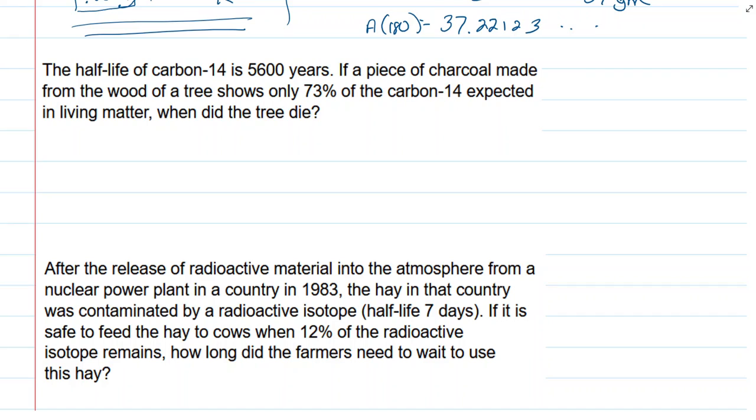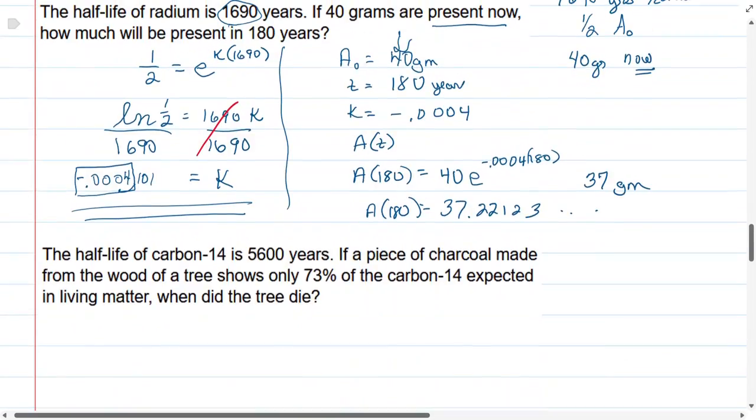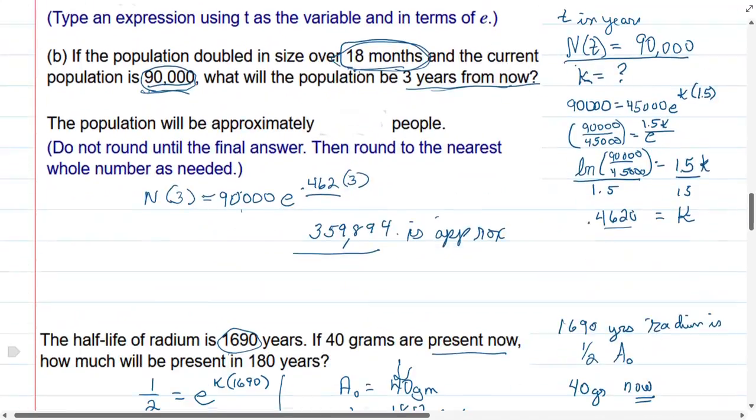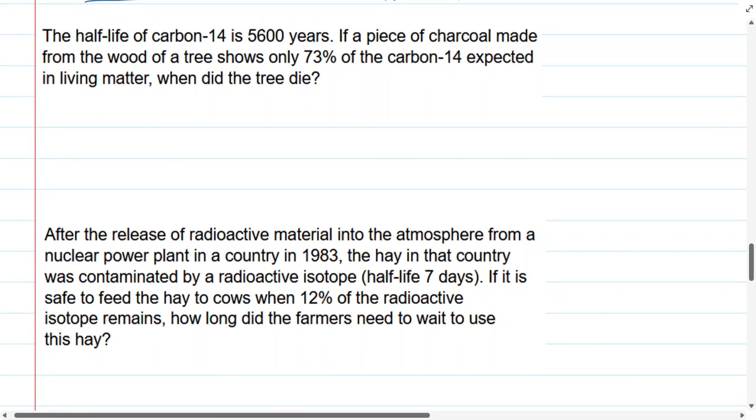When did the tree die? A long time ago. And I don't think I put that carbon 14 rule. Let me look that one up. It's a specific, let me look it up.